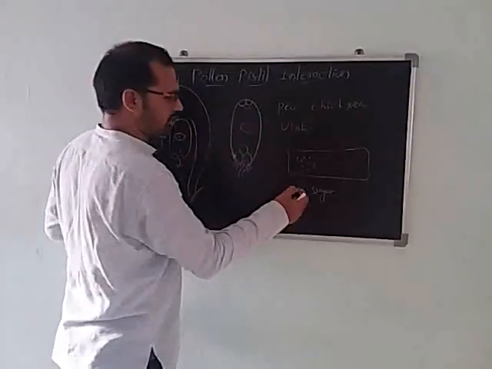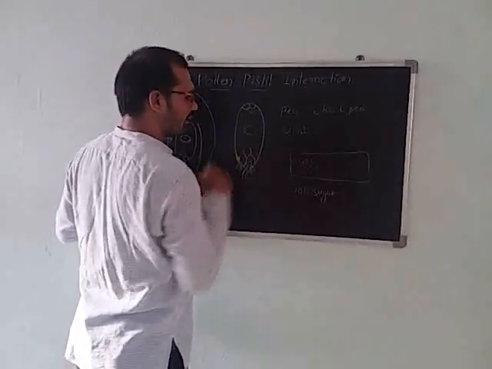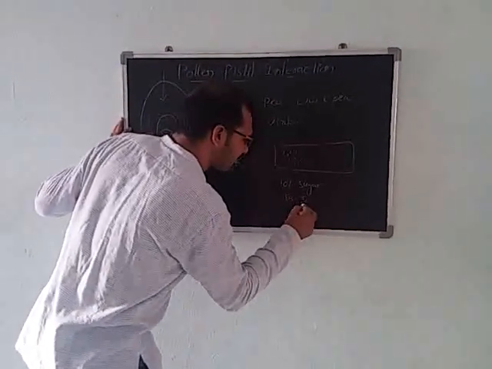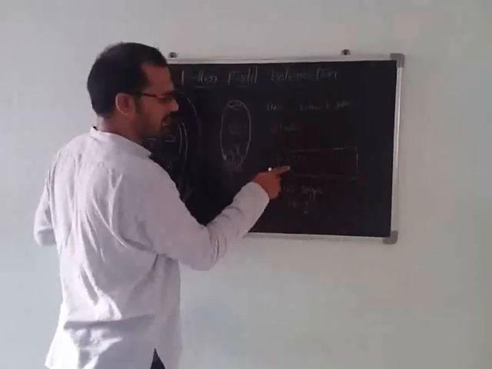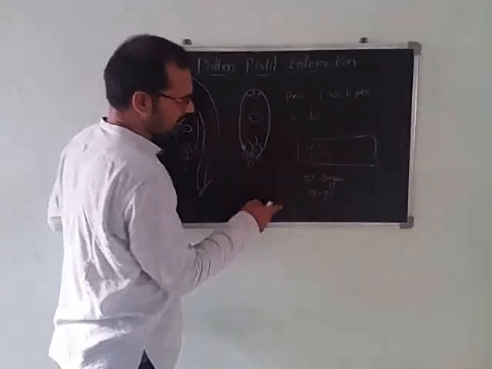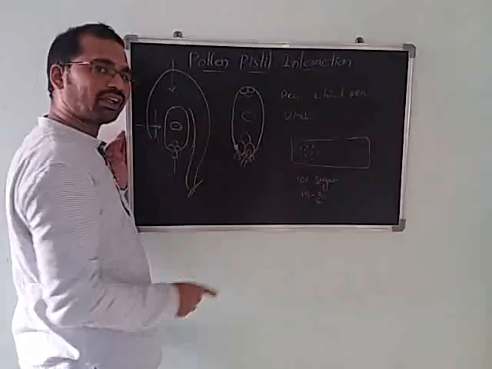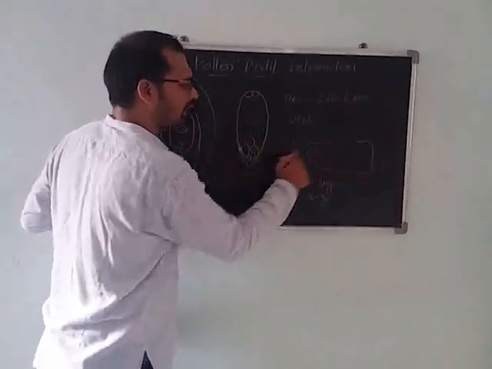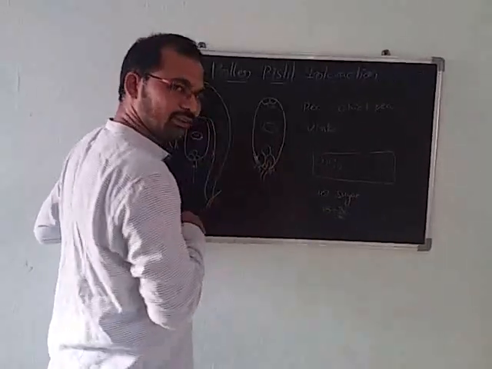Within 15 to 30 minutes, these pollen grains produce pollen tubes. How can you find out? The pollen tube can be observed even with a low power microscope. With it, we can see the pollen tube germination on the slide.